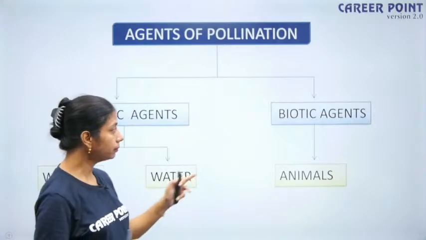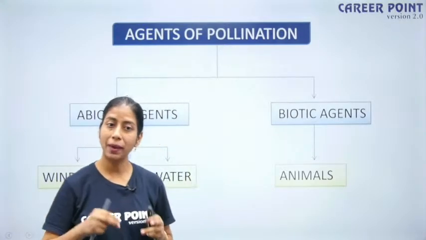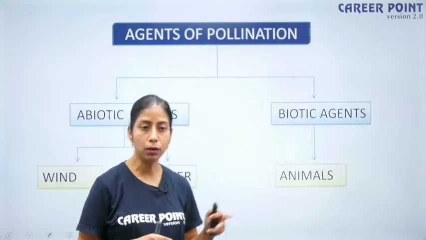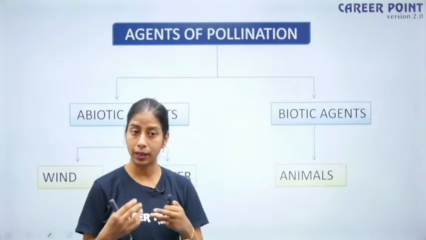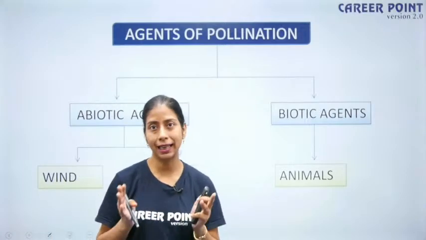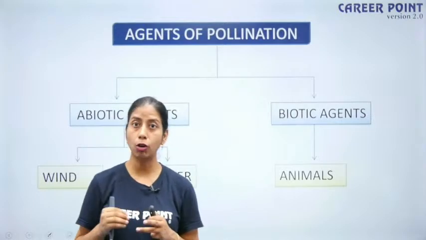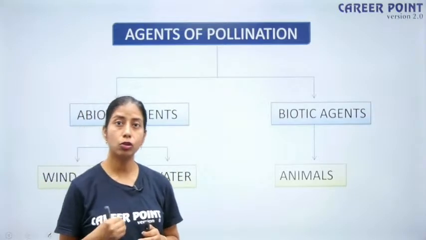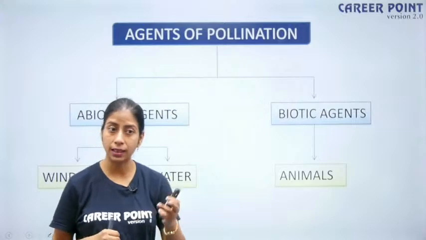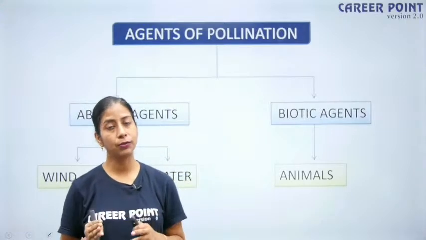Now I am coming to the biotic agents जिसमें animals are responsible, zoophily, all the animals are responsible in this case. Like most common is the insects, whether it is honey bee or a butterfly, सबसे common तो है ही. उसके अलावा कुछ rodents हैं, squirrels हैं, bats हैं, बहुत सारे animals हैं जो pollen को transfer करते हैं.